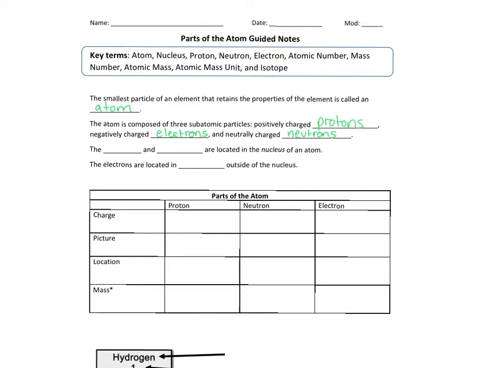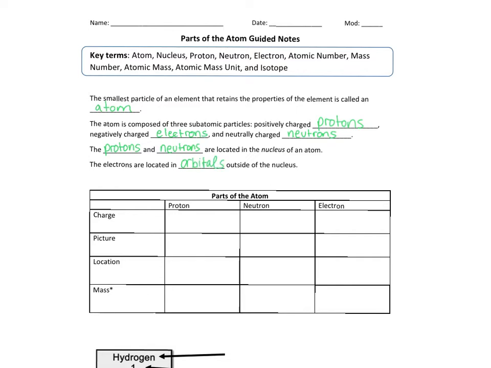Okay, so two of those things are located in the nucleus of an atom. So think back to what we learned about the center of the atom, where the nucleus is. We learned that the protons and the neutrons were there at the center of our atom in the nucleus, while the electrons are located outside of the nucleus in what we call orbitals.